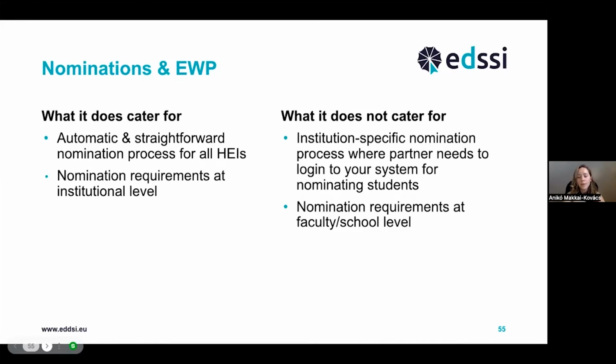What will not be possible is the case where requirements are coming from faculty or school or department level, or institution-specific processes. So there has to be a general protocol to be able to do it effectively. Then you don't have to struggle with all of the different processes that you have to struggle with now.